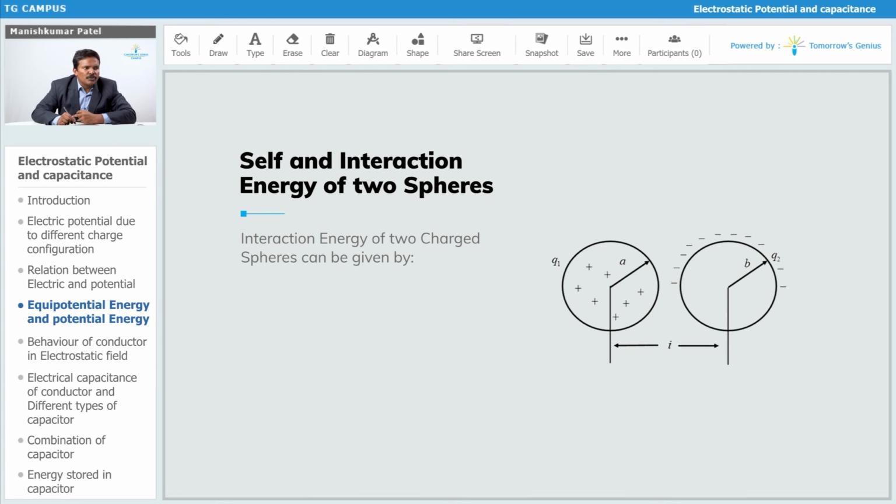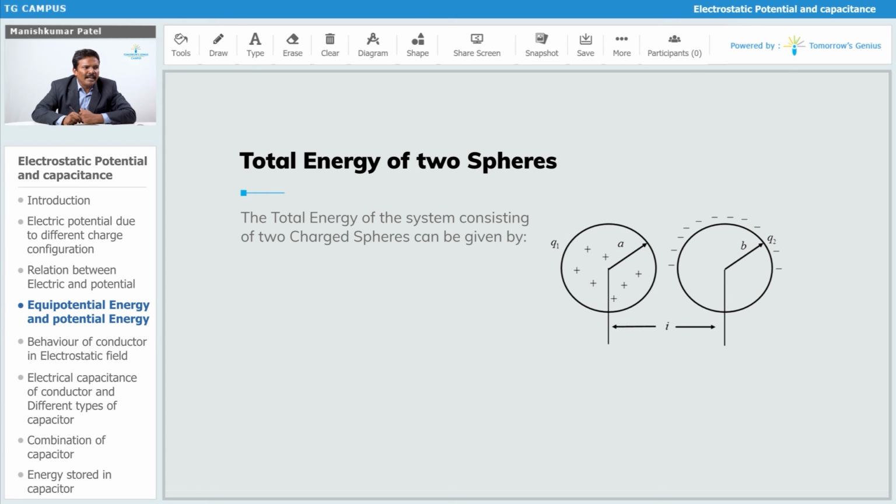Now what will happen when I put one sphere and one shell? They will interact with each other, and they will save that in the form of some energy. You have to find the total energy in that case, which is nothing but your individual energies plus, at the same time, there is an interaction between 1 and 2. So U1 plus U2 plus U12. If you assume that this is your shell and this is your sphere, we just derived the expression for the shell.